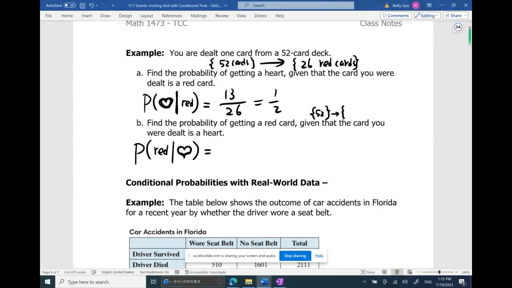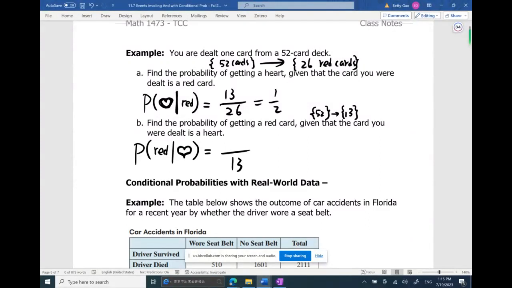But now you attach the condition. What condition? Your card was a heart. How many of them are hearts? 13 of them. So your new sample space contains all the 13 heart cards. So your denominator is not 52 anymore, it is 13.